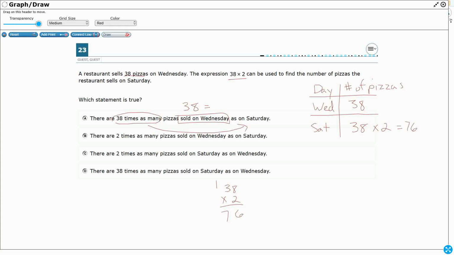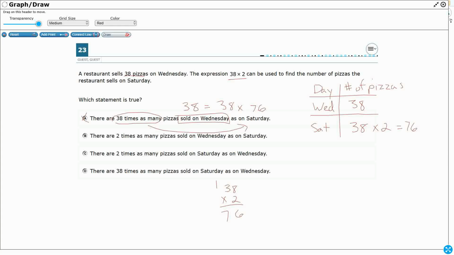What do we know about Saturday? Saturday is 76. So what they're saying is Wednesday is the same as 38 times what was sold on Saturday. We're comparing that 38 times to Saturday. 38 times 76 is very large. It is not going to be 38.